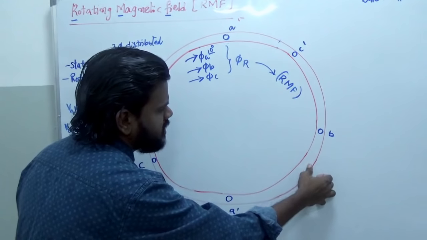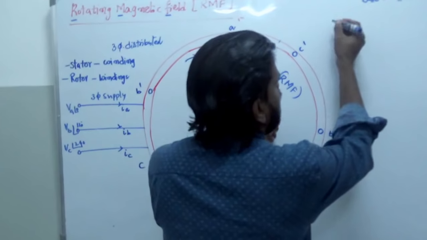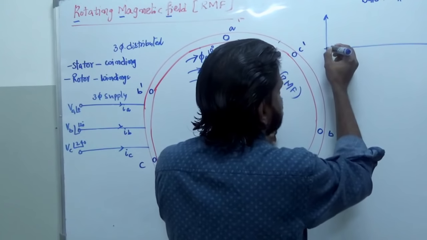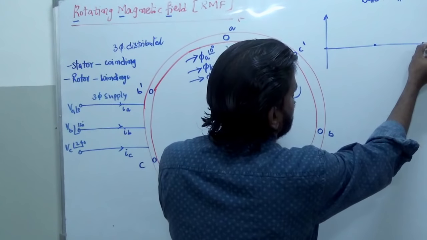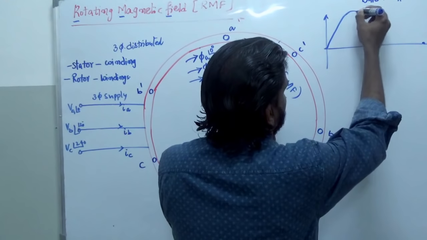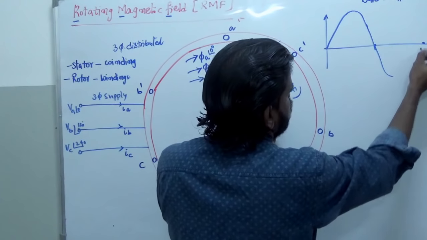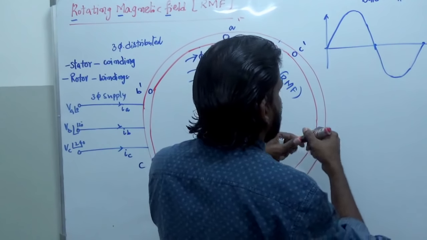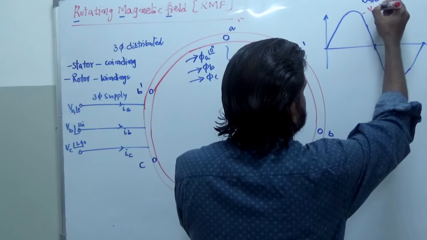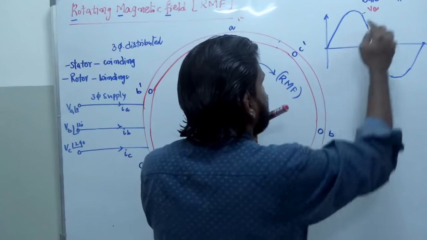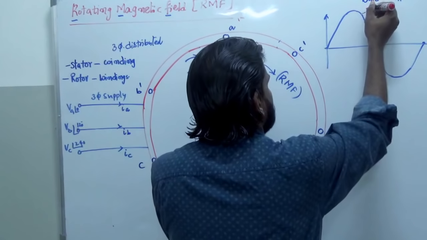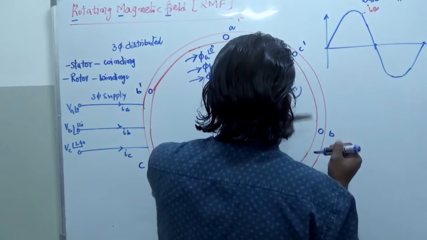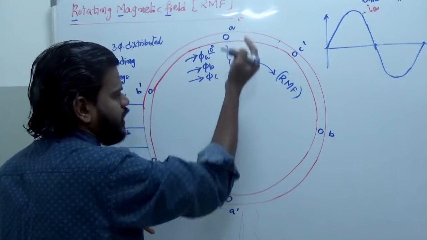Let me first take the three-phase waveforms here. This is my three-phase waveform. I think you would have had this idea about how to draw three-phase waveforms. Let's say this is VA, or I'll take this as IA, the current which is flowing in the phase A winding.